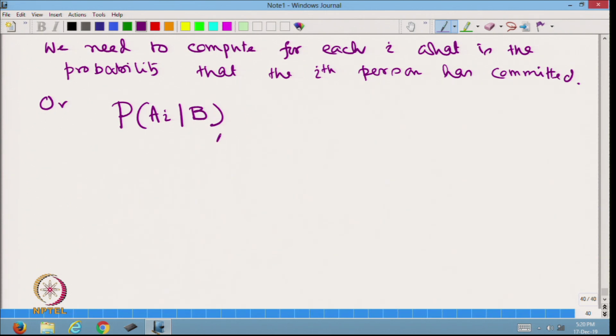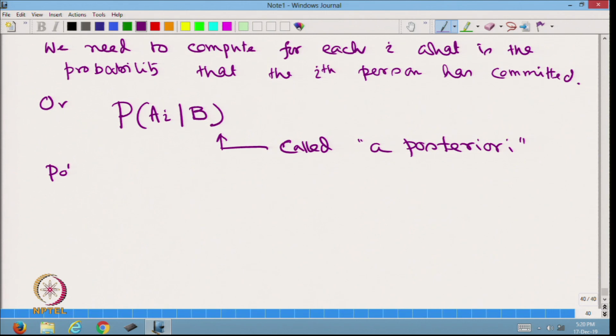Such probabilities are called a posteriori, because we are looking at the probability after something has happened.